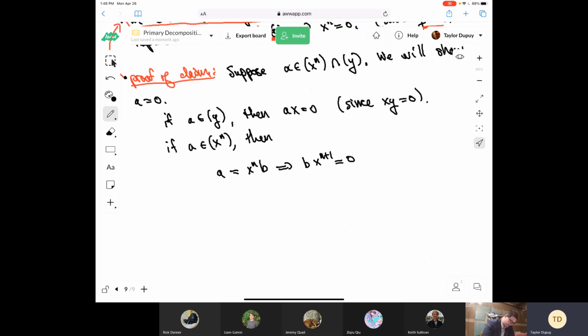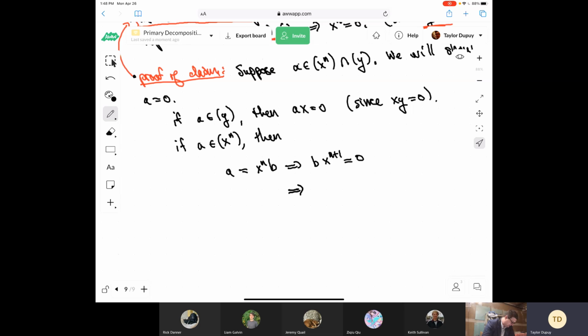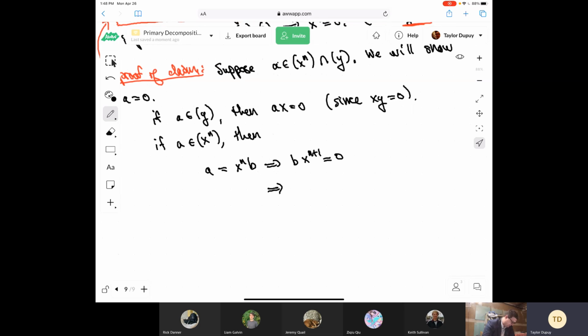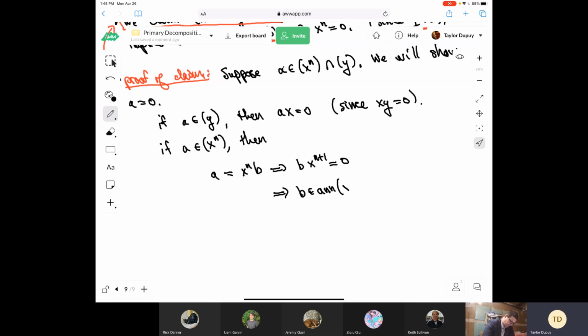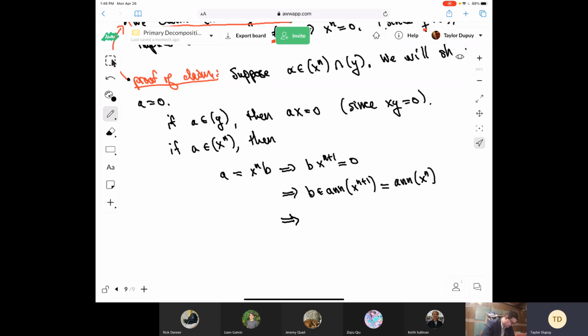That implies b is in the annihilator of x to the n plus 1, which is equal to the annihilator of x to the n, which implies that A is equal to 0, because of this equality before.